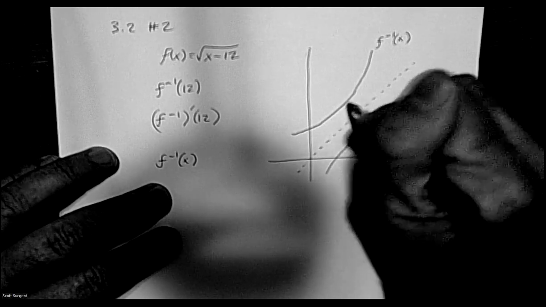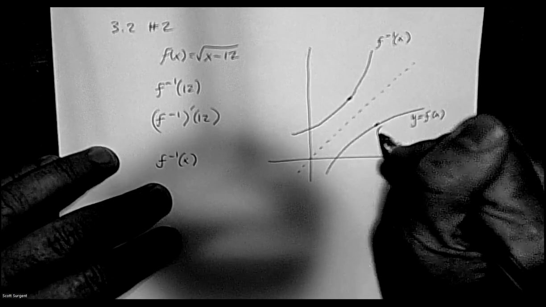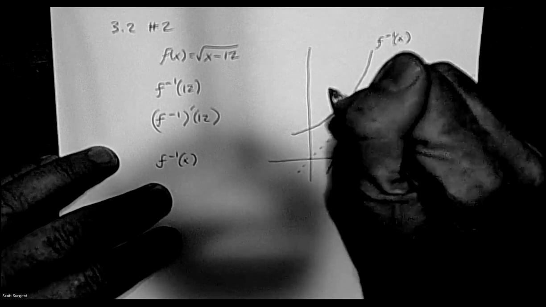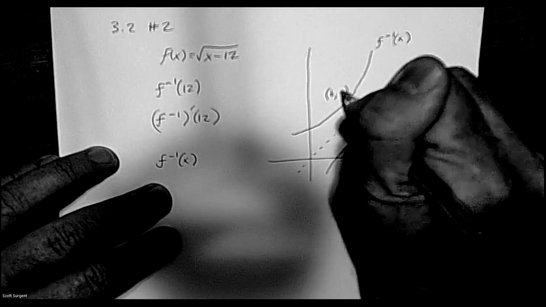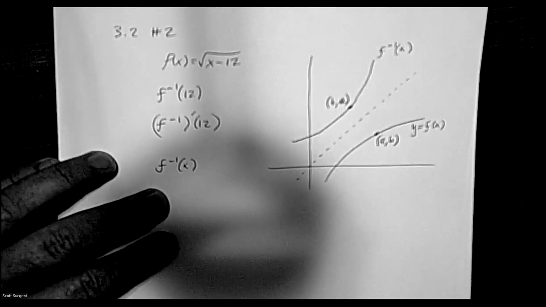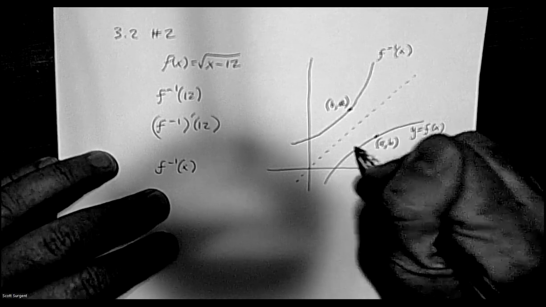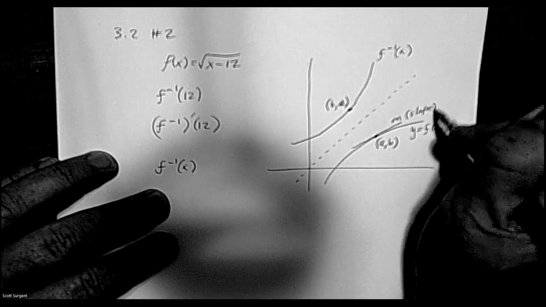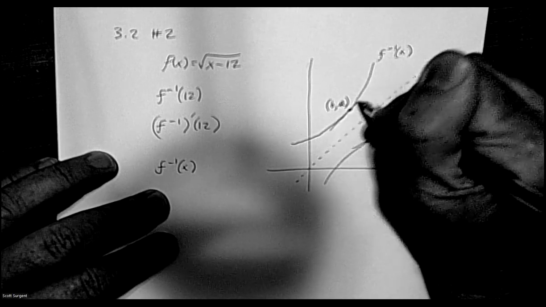And there's some nice geometry that comes into play here. If you have a point (a, b) on the f curve, then its corresponding point is (b, a) on the f inverse curve. And if you know the slope here is m, then the slope here is just the reciprocal.